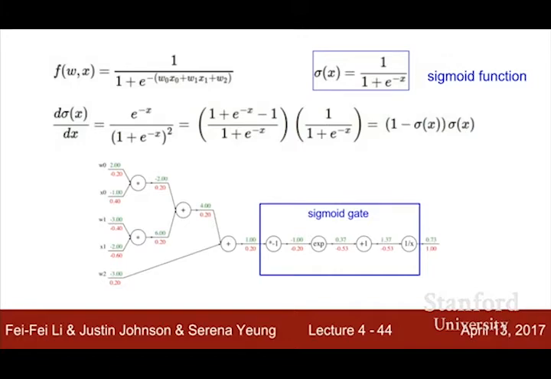This is a really common function that you'll see a lot in the rest of this class. We can compute the gradient for this. If we go through the math analytically, we get a nice expression at the end. It's equal to 1 minus sigma of x, so the output of this function, times sigma of x.